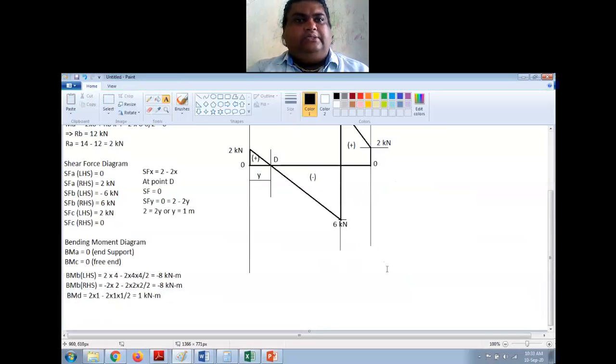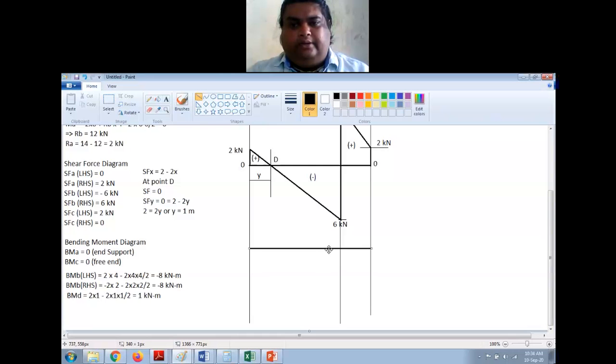Okay. Now using this data, I will be able to draw the bending moment diagram. So first draw the zero BMD line. At A and C, the bending moment is 0, correct?